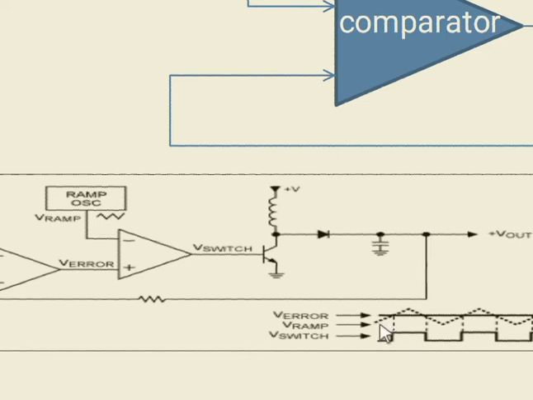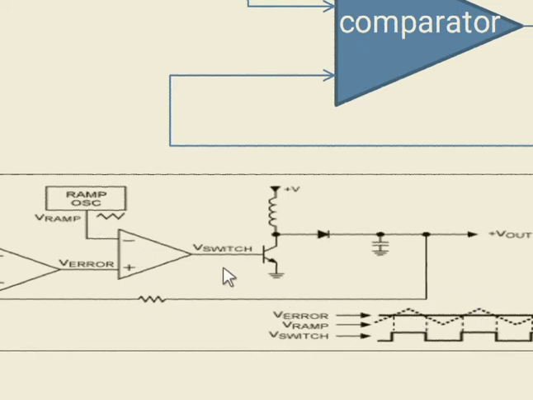Here this is a triangular wave which is generated by the ramp oscillator, and one DC reference signal. This is a constant magnitude DC reference signal which is sensed by the voltage sensor, and these two signals are compared with the comparator.